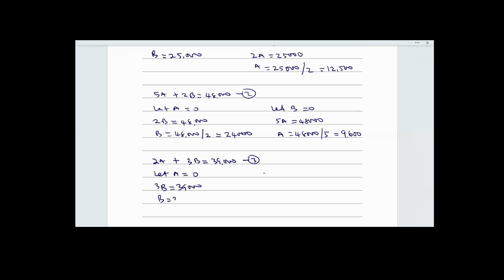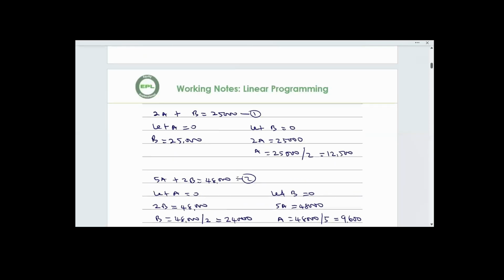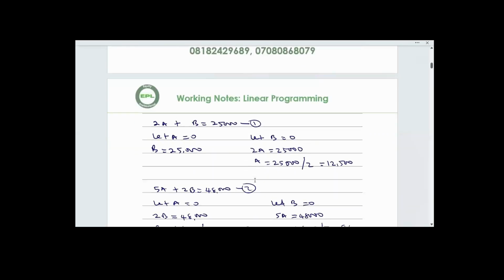Therefore, B equal to 39,000 divided by 3, which is 13,000. Then let B equal to 0. 2A will be equal to 39,000. A equal to 39,000 divided by 2, which is 19,500.